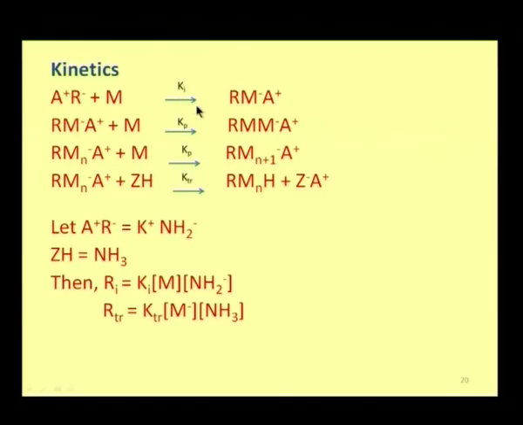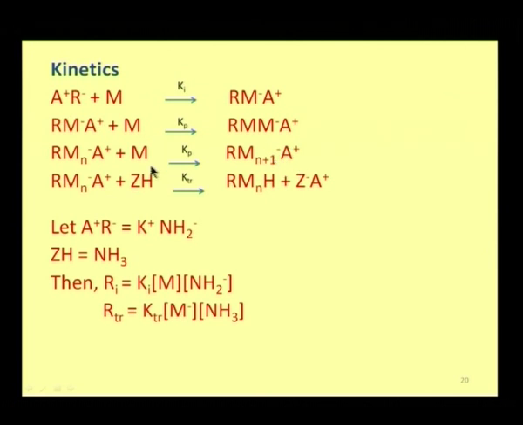Now, having seen this mechanism of anionic polymerization, we are going to see a little bit of kinetics too. Let us consider A plus R minus as the catalyst. It reacts with the monomer molecule at the rate constant Ki, which forms R M minus A plus, and more monomers get added, and finally during the propagation step we have R Mn plus 1 minus, of course a carbanion, along with the counter ion A plus.